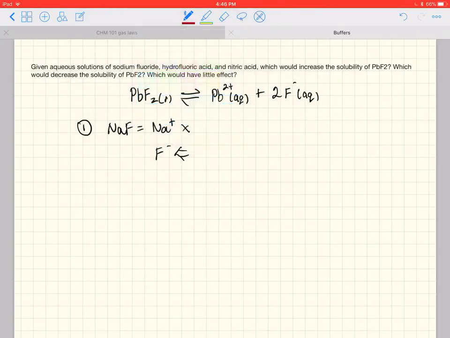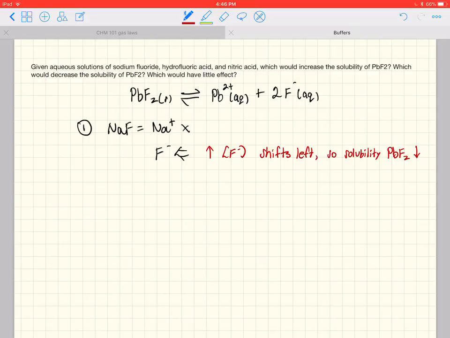So if we increase the concentration of fluoride, this reaction shifts left, which means the solubility of PbF2 goes down. Okay, more solid means less soluble. More ions means more soluble.